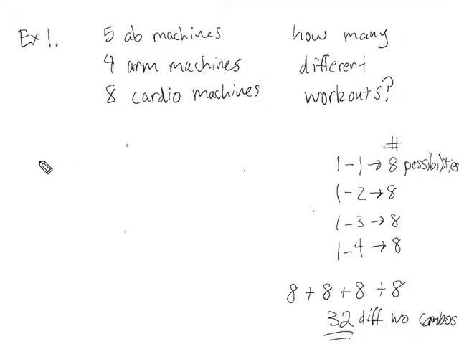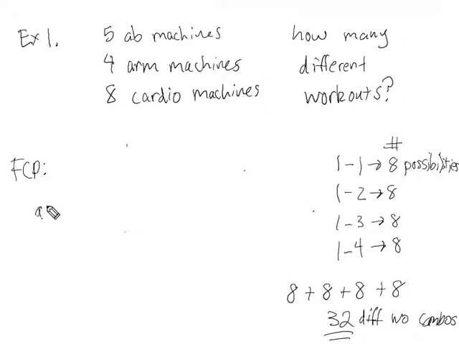So to work this with the fundamental counting principle, all that we have to do is multiply the number of ways that we can make the first choice times the number of ways that we can make the second choice, and then finally times the number of ways that we can make the third choice.